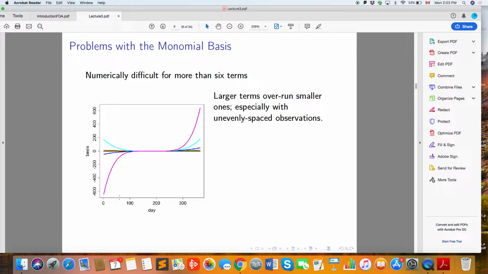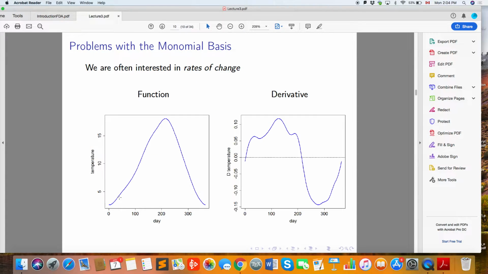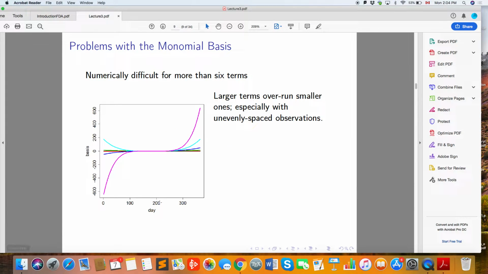In other words, a small change in the coefficient of the large terms has a dramatic change on the fitted function. So therefore, in reality, we never use monomial basis functions to approximate a curve.